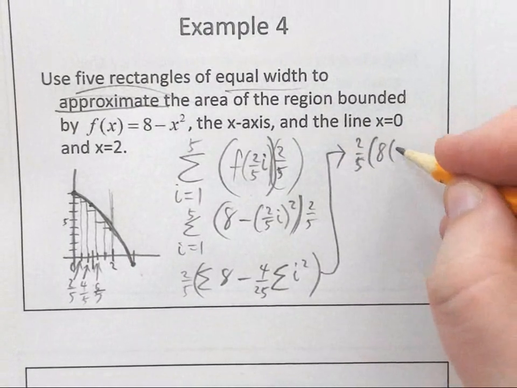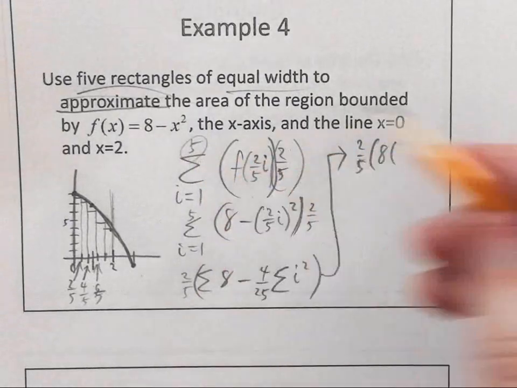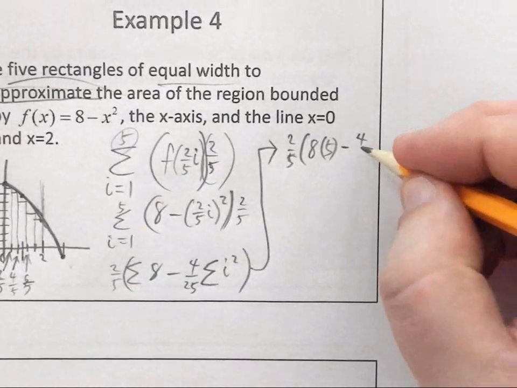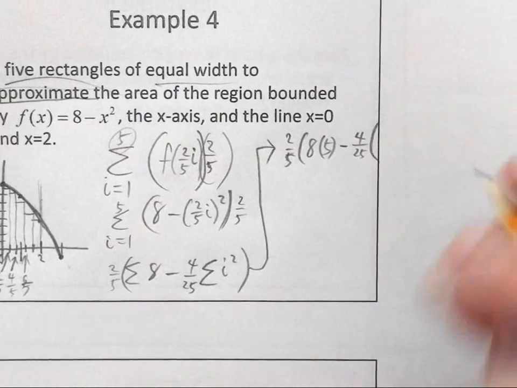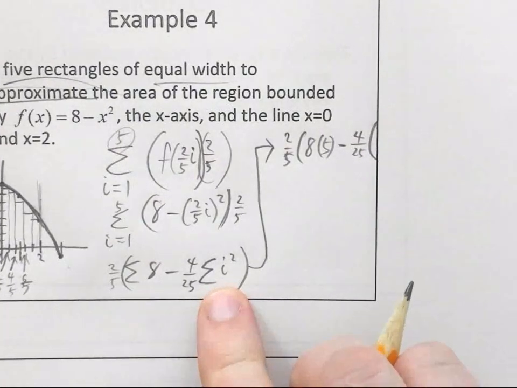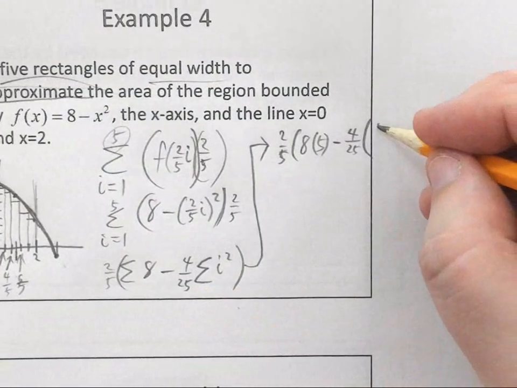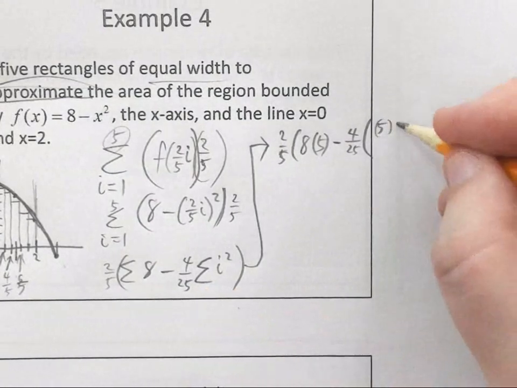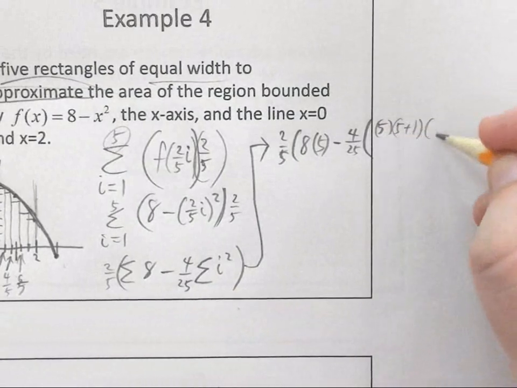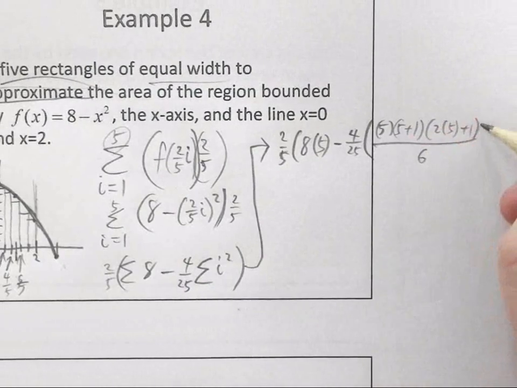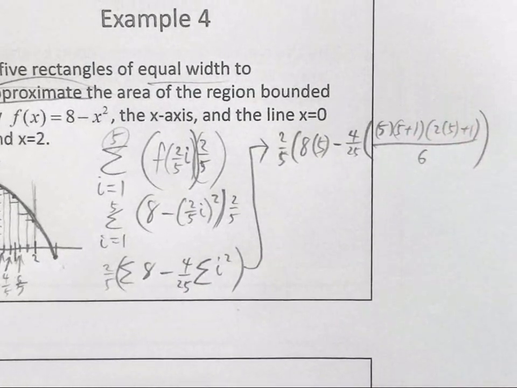40, because it's 8 times whatever n is, and my n in this case is 5. Minus 4/25 times, now for i squared, in this case it'll be 5 times (5 plus 1) times (2 times 5 plus 1) over 6, right?